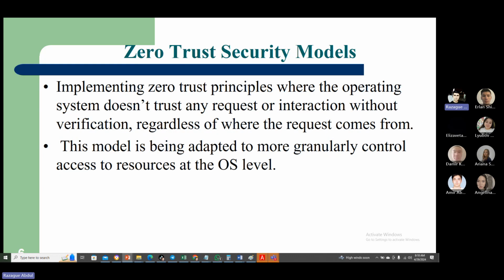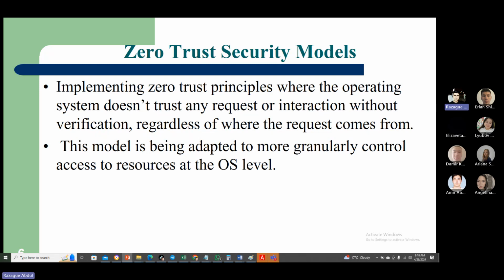Now we have another topic here, a new topic, the zero trust security model. It represents a fundamental shift in the approach to securing information systems, moving away from traditional perimeter-based defenses towards a more comprehensive, adaptive security framework.